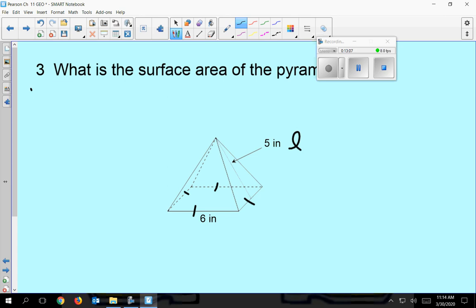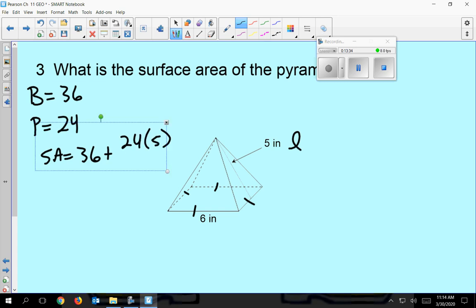Once again, I just do this off to the side. I need to find the area of the base, so 6 times 6 is 36. I need the perimeter, so I'm going to add up all the sides. So basically 6 times 4 is going to give me 24, and they gave me a lateral height, okay? So surface area is going to be the area of the base plus the perimeter times the lateral height.